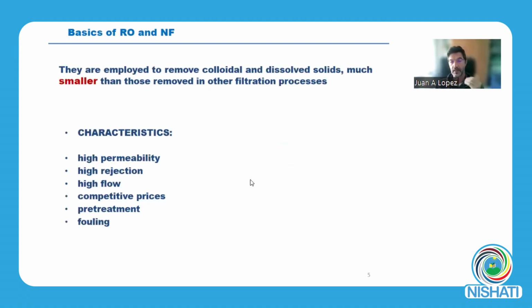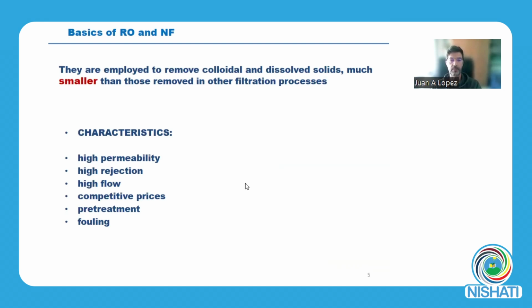In this lesson presentation, the main objective will be to obtain water. Okay. So membranes are employed to remove colloidal and dissolved solids in the water. And these kinds of technologies are preferred over other kinds of filtration processes. Why? Because these membranes have different and important characteristics.